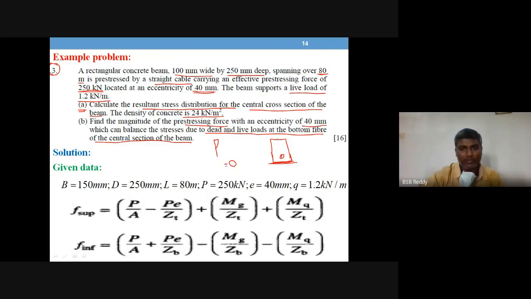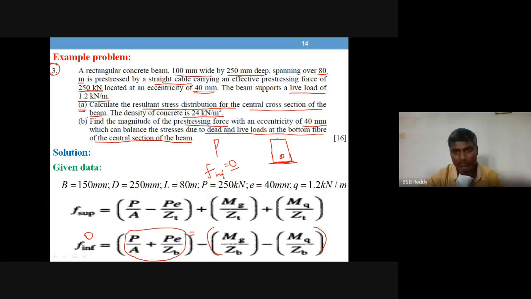F inferior shall be zero. Balancing means the stress from the prestressing force shall be equal to the total stress from dead and live loads, that means this is equal to 0. Let us solve this.